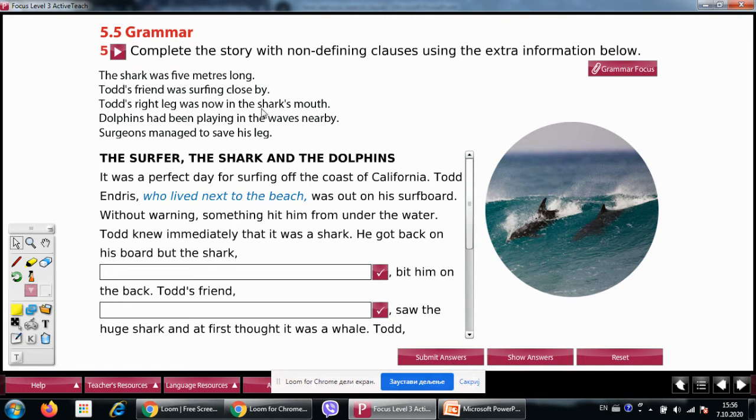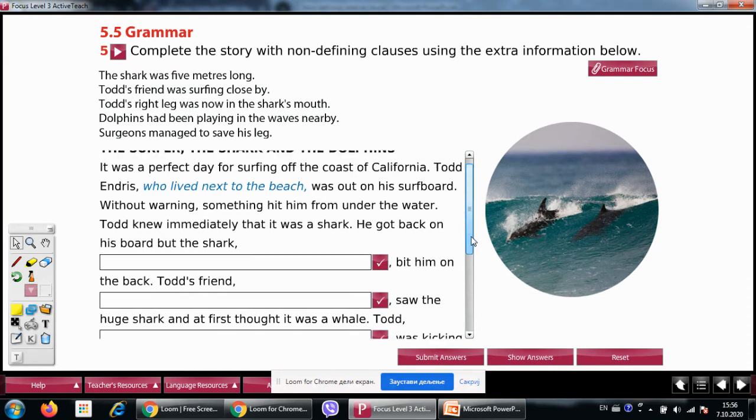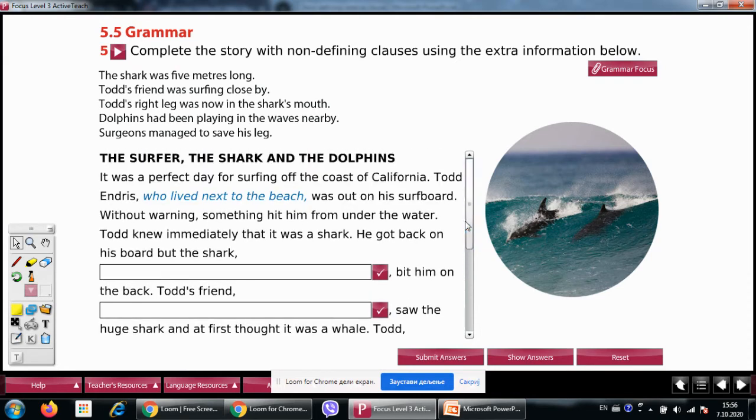So here we have extra information and we have to make a non-defining relative clause out of them. So we won't read the story again because we've done that already, so we will go to complete the task now. So the first one is done.